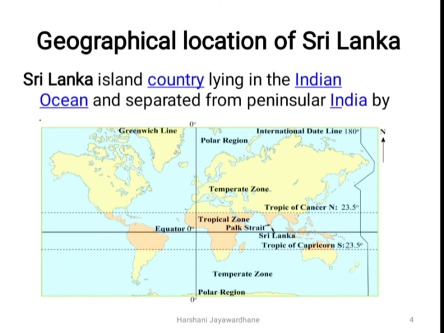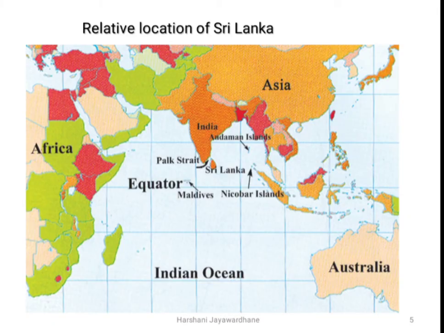As I told you earlier, Sri Lanka is an island country lying in the Indian Ocean, separated from Peninsular India by the Palk Strait. In this map you can see the location of our country. This map also shows that when we compare our location with other countries, other places, other continents, we call it relative location.